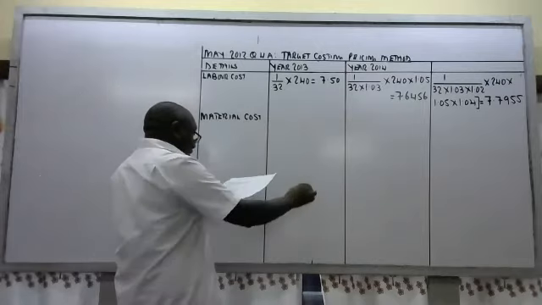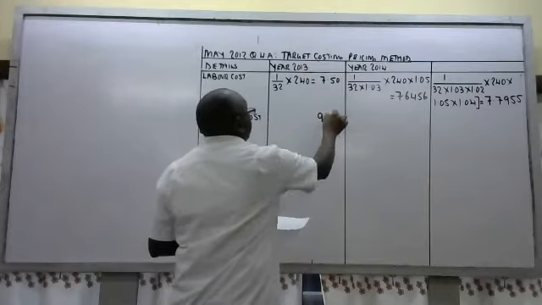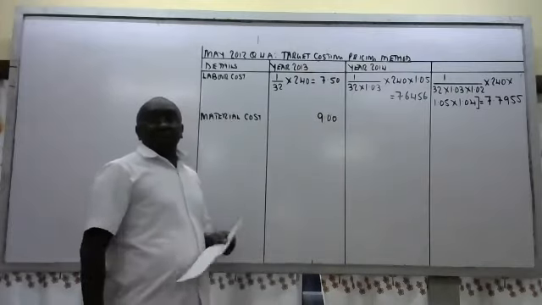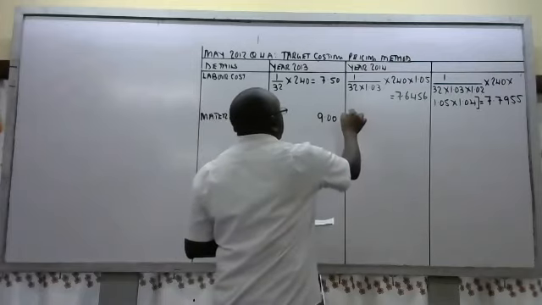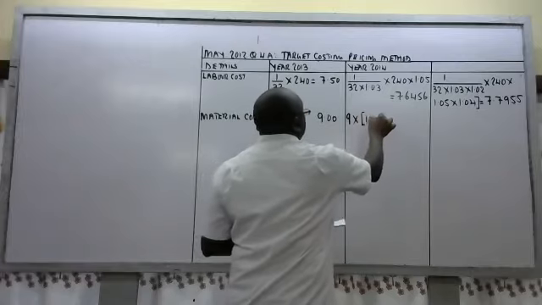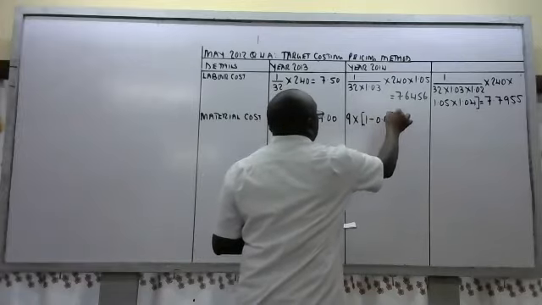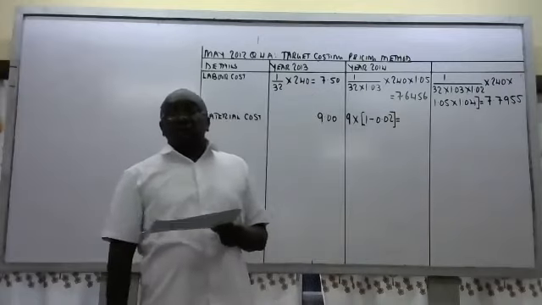So material costs, we are told it is 9 bob in the first year. But going to the second year, it will reduce. So it will be 9 times 1 minus 0.02. It will reduce by 2%.